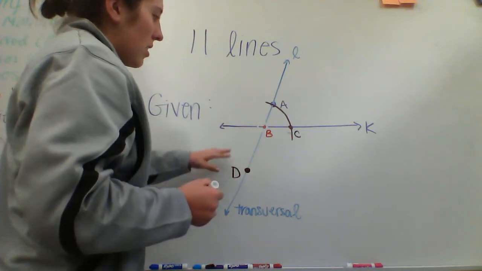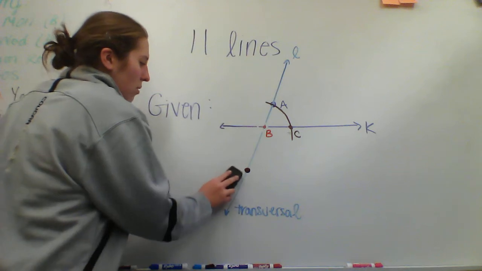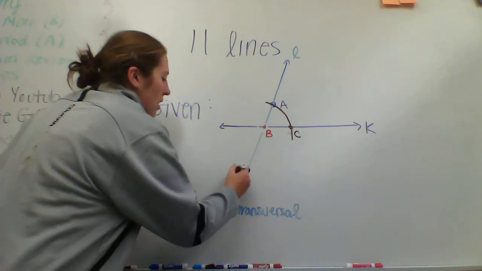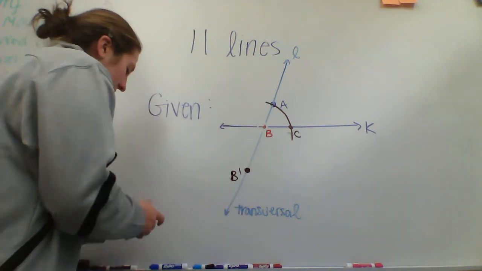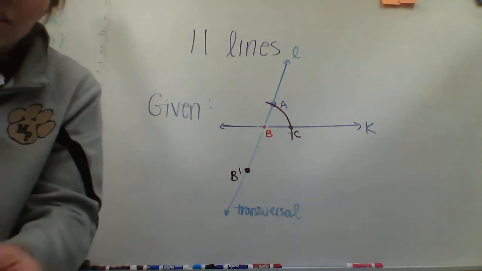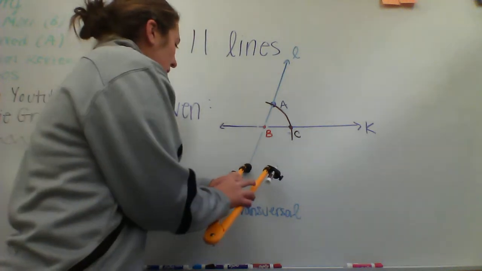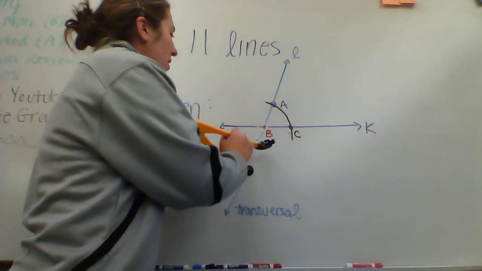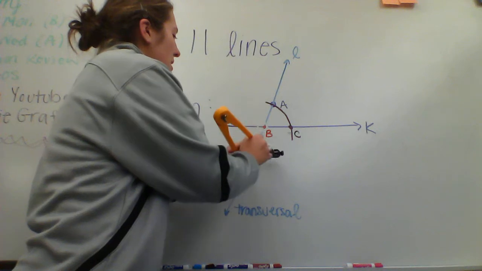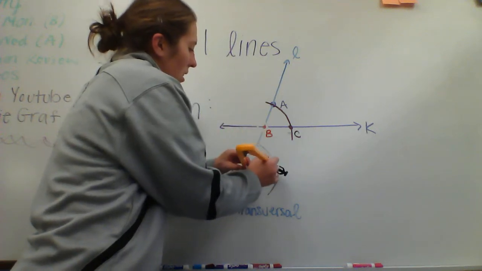Now D is going to act just like our B did. So maybe I'll just call D B prime, just so you know what it matches up with. So with that frozen compass distance, you're now going to take your compass and put the needle point on B prime, and draw an arc.